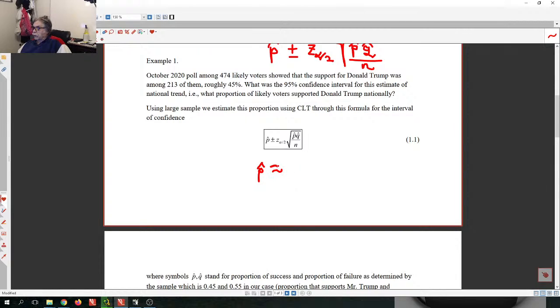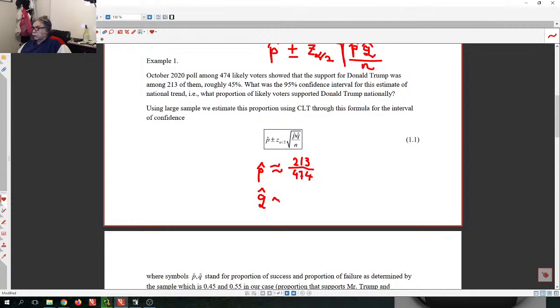It's roughly 45%. If you want to be a little more precise, you can say 213 out of 474. Then you have a q hat, which is the complementary probability, which will be 55%.